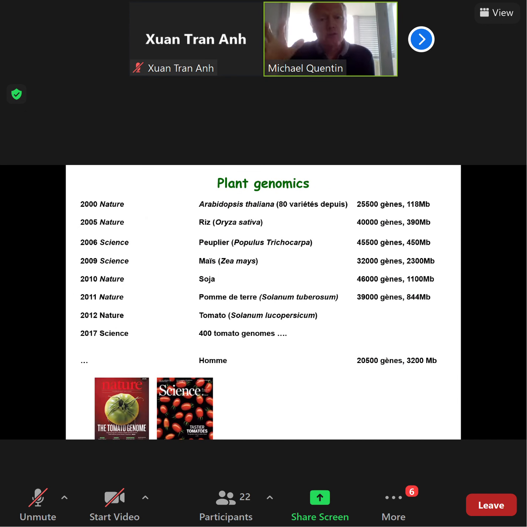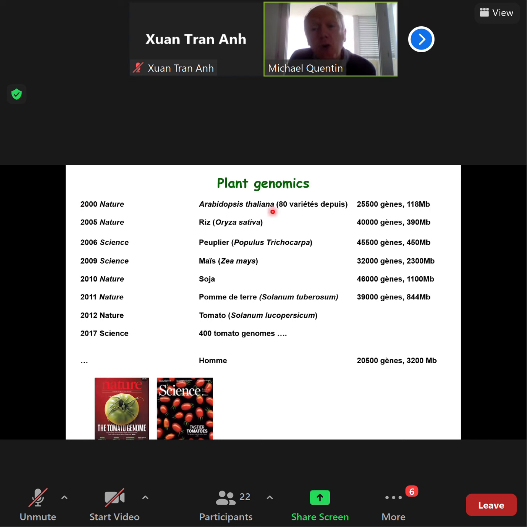A lot of plant genomes have now been fully sequenced, but it's something really recent in history. The first plant genome to be fully sequenced was the genome of Arabidopsis thaliana. It was made available in 2000, so only 20 years ago.